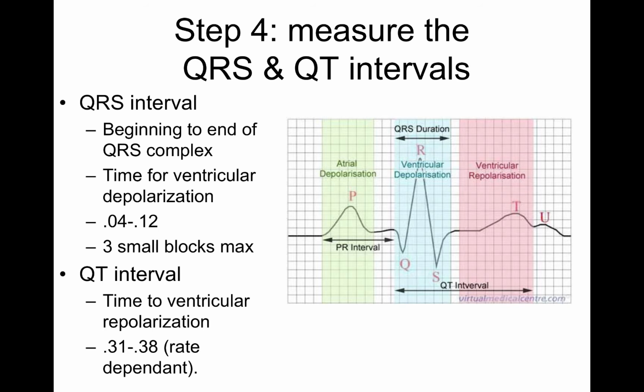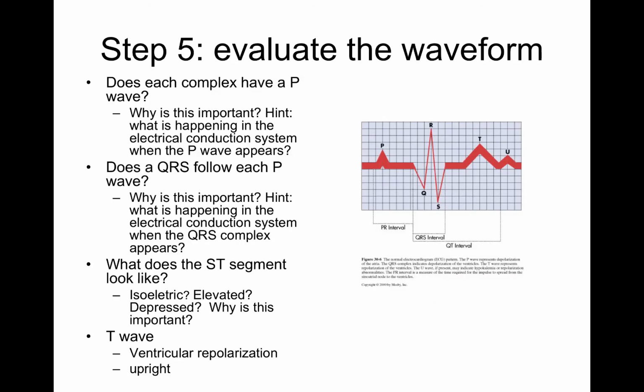The problem that we worry about with QT interval prolongation is that this amount of spacing is getting too much. The ventricles are getting too much, and so we can have aberrant conduction such as ventricular tachycardia, really bad rhythms that can come out of it.